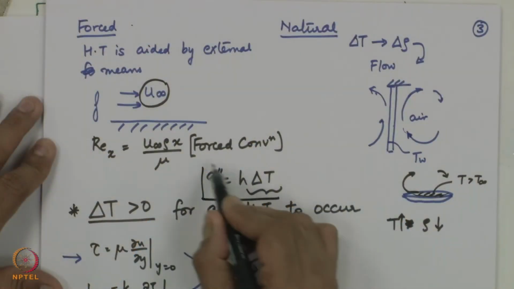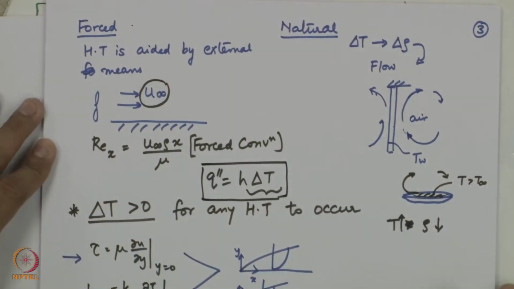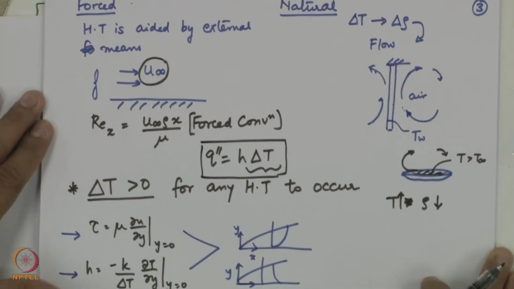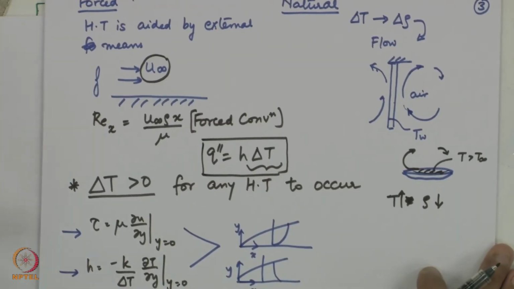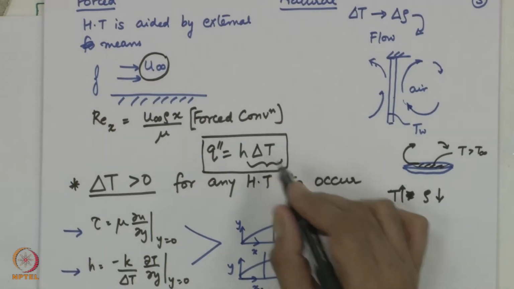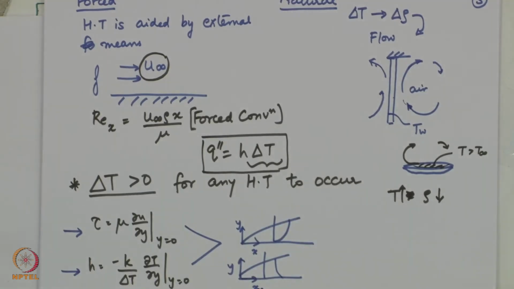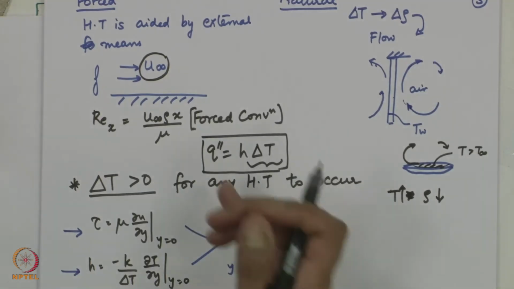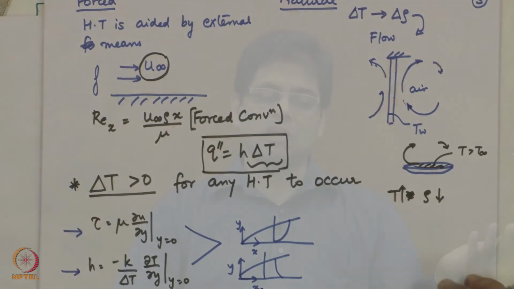So, obviously common sense and everyday observations tell me that the heat removal rate, Q equals H delta T, is much slower in case of natural convection as opposed to forced convection, which means given the same delta T, the value of H, see this Q double prime is directly related to the total Q. Q double prime into area into delta T time is going to give you the total heat transfer.